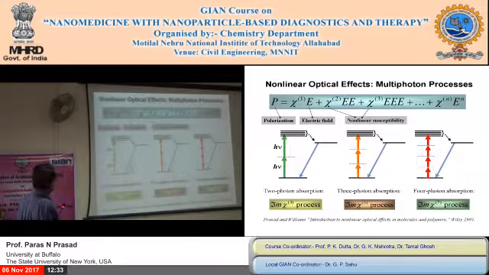So 2 photons being absorbed, going to an excited state, then it comes by internal conversion to a lower state, which can emit light. Now look at this one versus single photon absorption. In single photon absorption, the absorbed photon is of higher energy than the emitted photon, right?